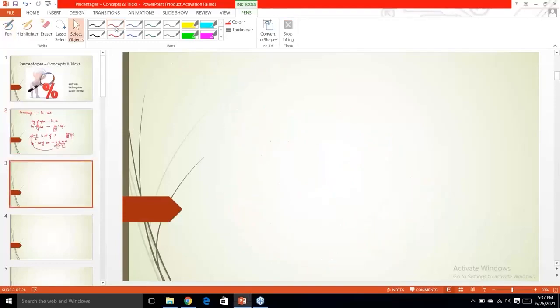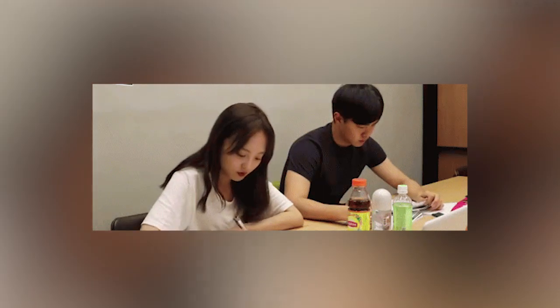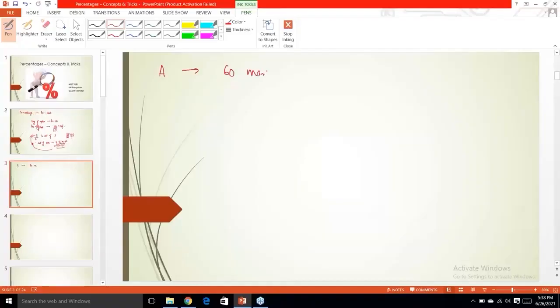For example, there are two students. Student A scores 60 marks out of 120. There is another student B, who scores, let's say, 40 marks out of 80. I want to judge who is better.